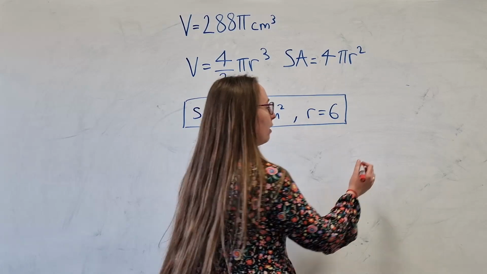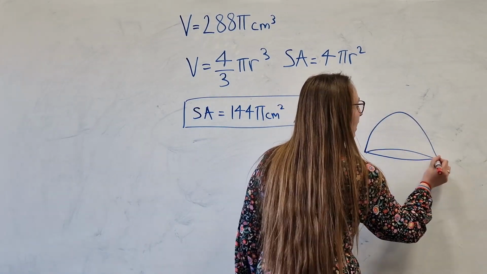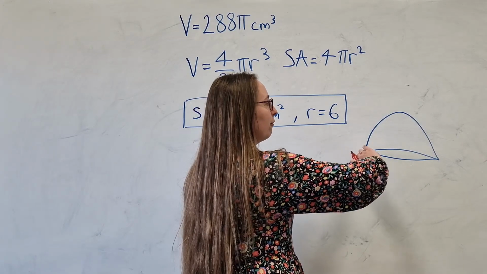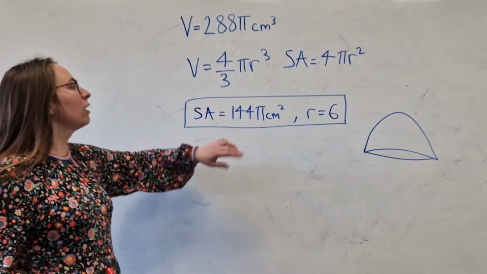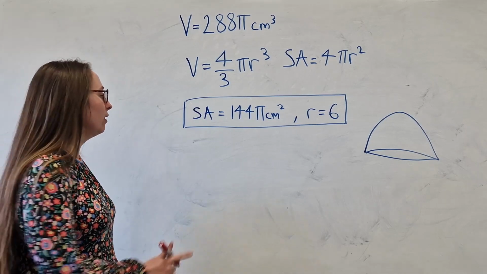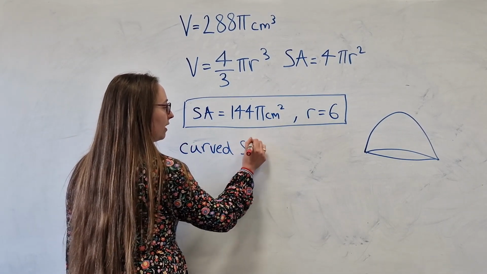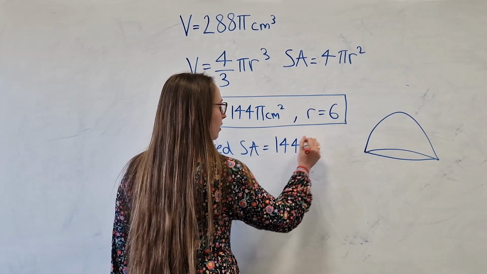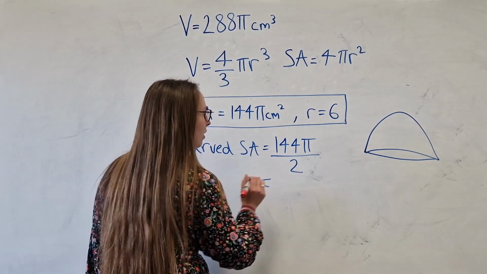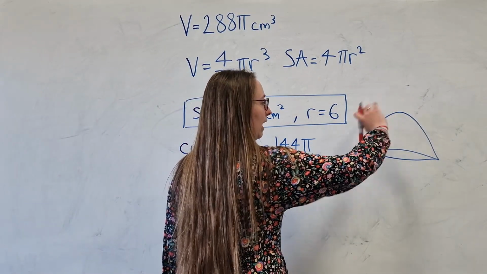But if we draw a diagram, the curved surface area here is going to be 144 pi divided by 2. So I'm going to write that as the curved surface area. So that's just going to be 144 pi divided by 2, which is 72 pi. So that's this bit here.